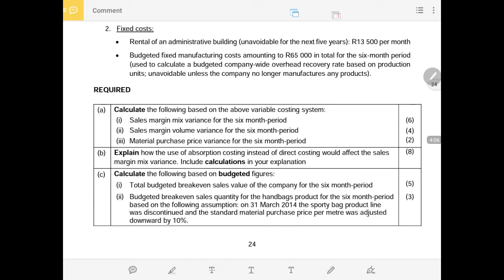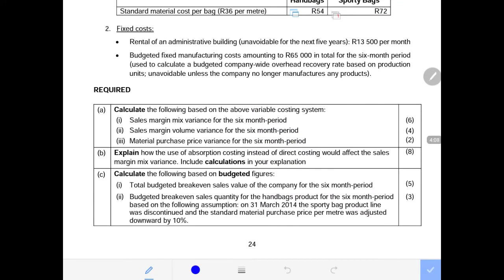Then let us now go to the second requirement of number C, where we are required to calculate the break-even point in units, which is the sales quantity for the handbags product for 6 months, which is only one product, for the period based on the following assumption: by the end of March 2014, the sport bag line was discontinued and the standard material purchase price per meter was adjusted by 10%.